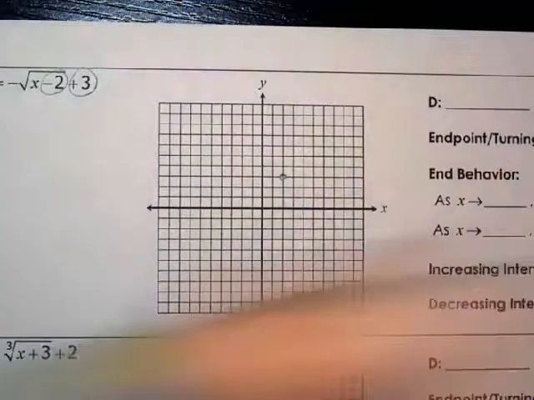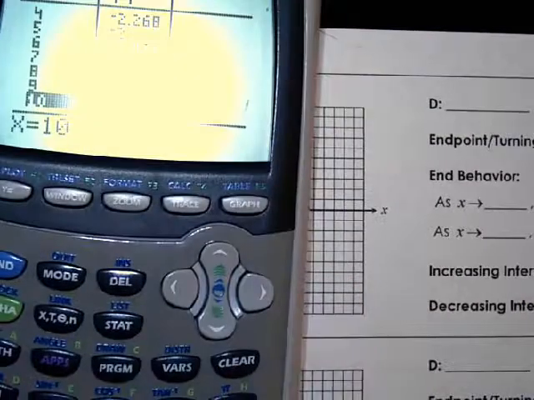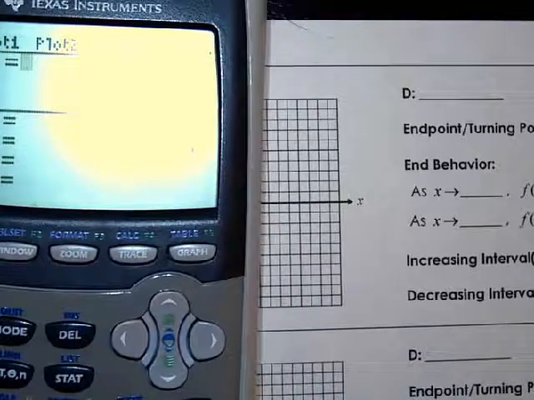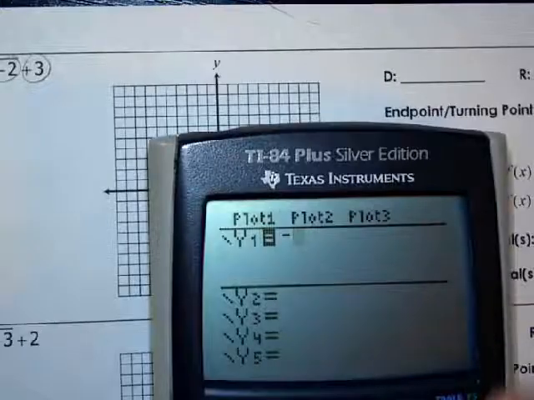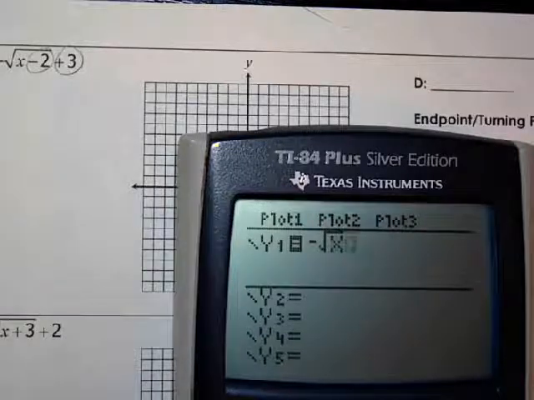Anytime you type it in the front of something, you have to do the little negative button. Okay, so there's the 2, 3. The next point is a 3, 2.